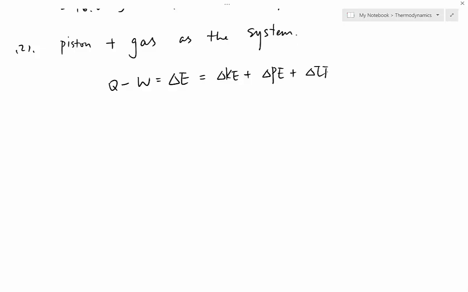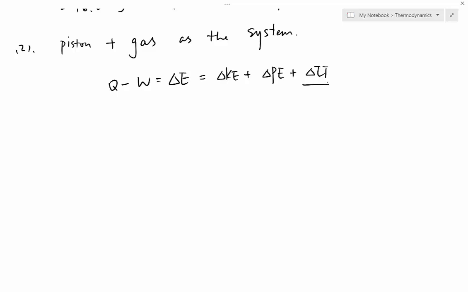Now remember this. Every term in this equation is regarding your system, and my system now has changed. My system now is piston plus the gas. So for example, this term, delta capital U, the change of internal energy, is no longer the change of the internal energy of gas alone, but the change of internal energy for the piston and the gas.